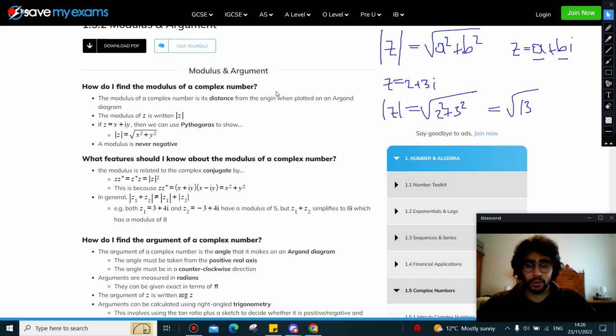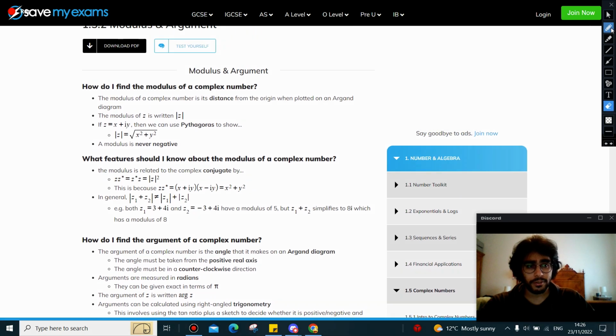Okay. What are the features of this modulus? Well, there are only a few features that we really need. I don't think that we really need much, but let's have a look. If you multiply a complex number with its complex conjugate, or vice versa, which is the complex conjugate times the complex number itself, it's the same thing, then this would be equal to the square of your modulus.